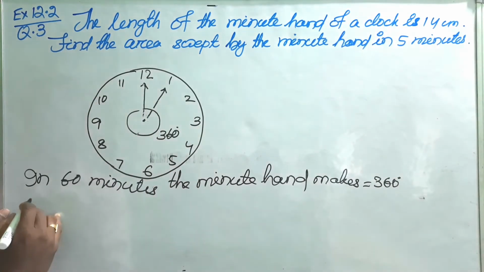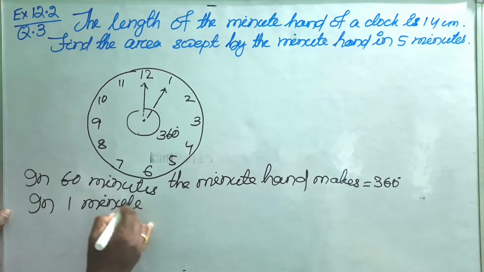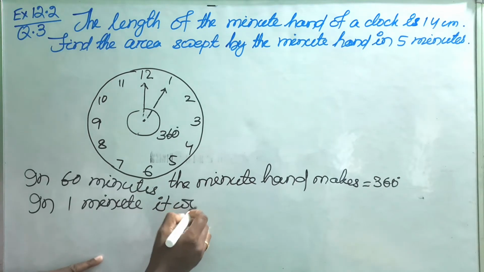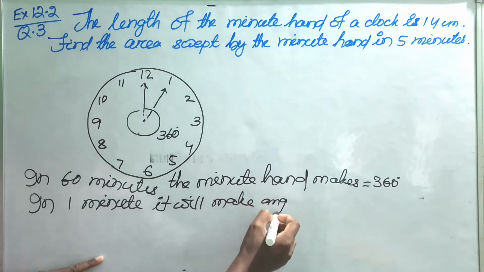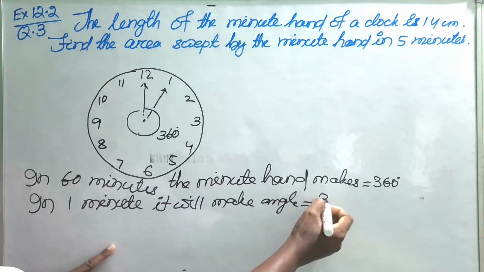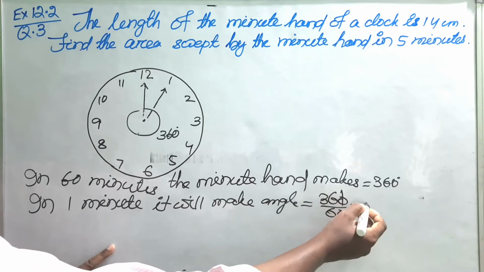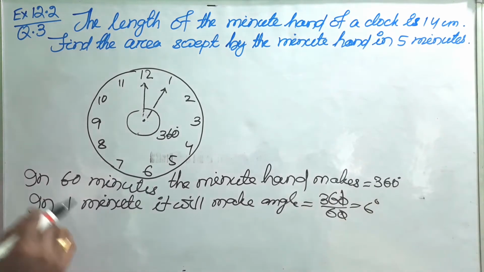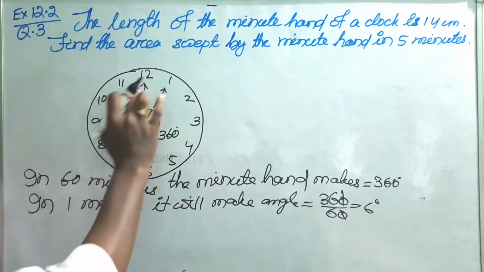In 1 minute, the angle will be 360 by 60, so this will be 6 degree. So in 1 minute, 6 degree angle is created at the center by the minute hand.